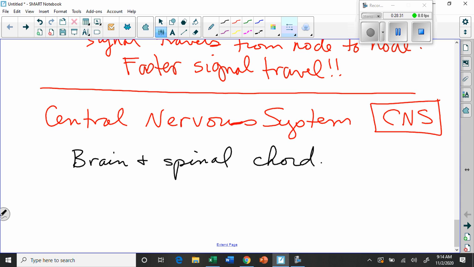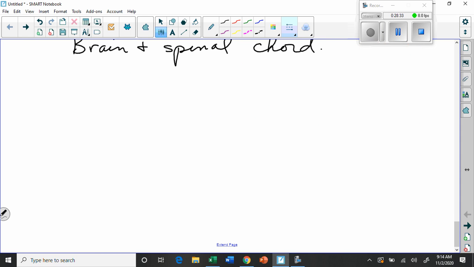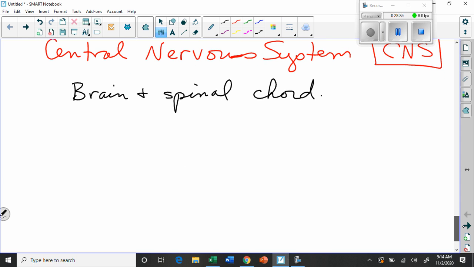Now, just an interesting aside, if you look at animals and the evolution of the nervous system, you'll find that simpler animals, who have been present a lot longer than we have on the evolutionary scale, have relatively simple nervous systems.